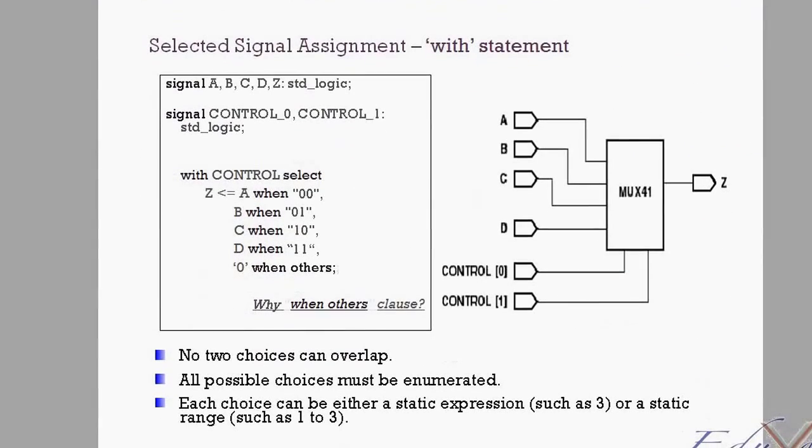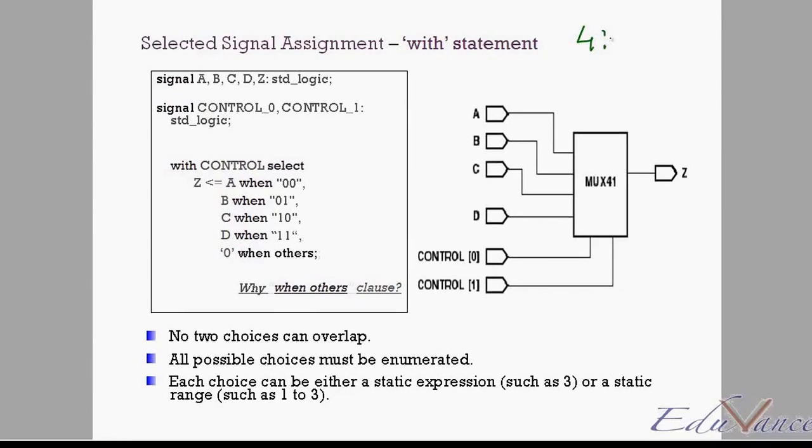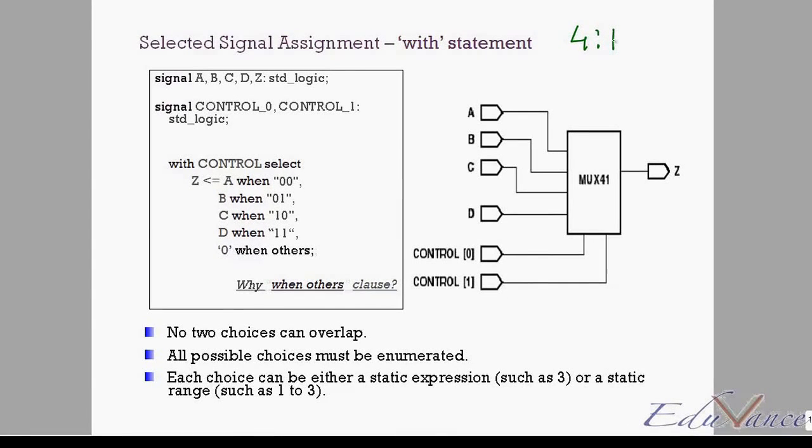So for example, if I want to model a 4:1 multiplexer with 2 control lines or select lines, 4 inputs and 1 output, I specify my input and output as signals of type standard logic. I specify my select lines also of type standard logic.